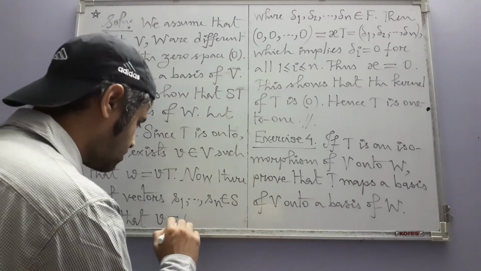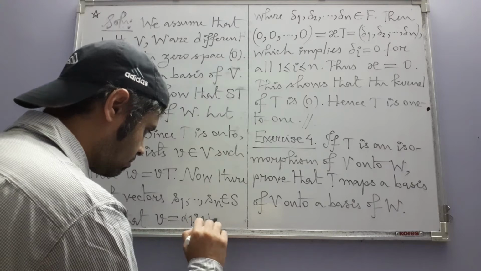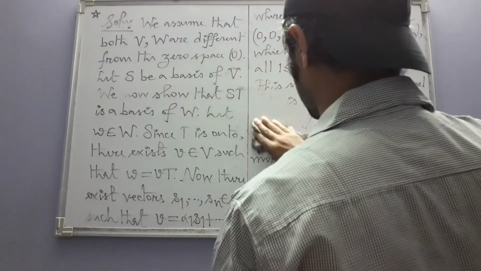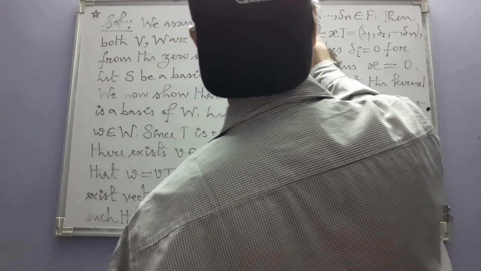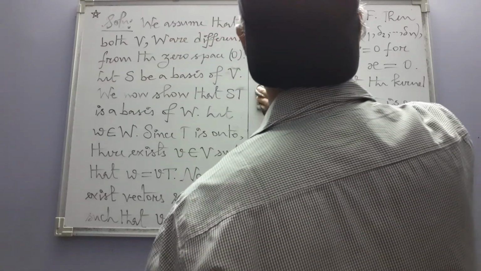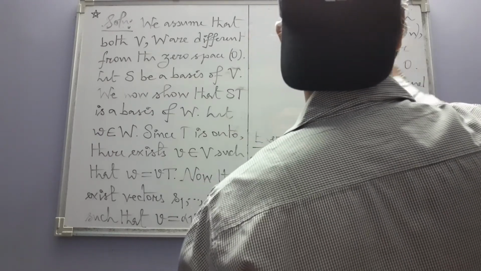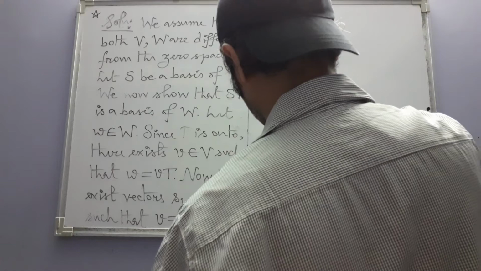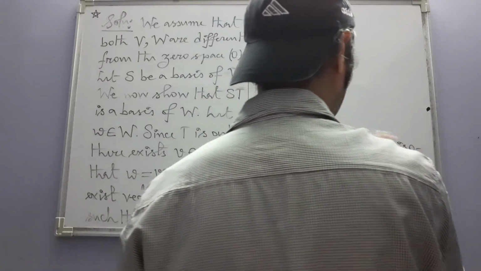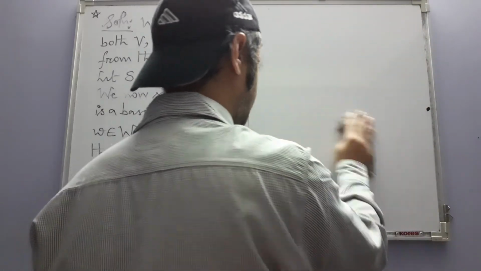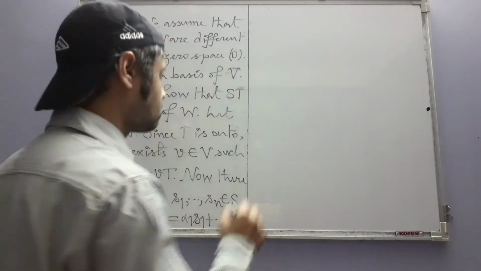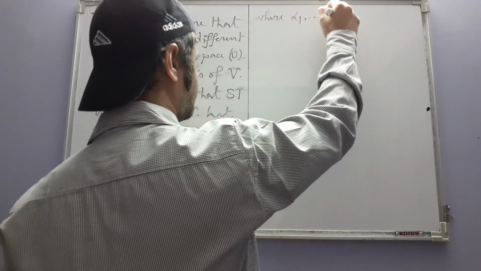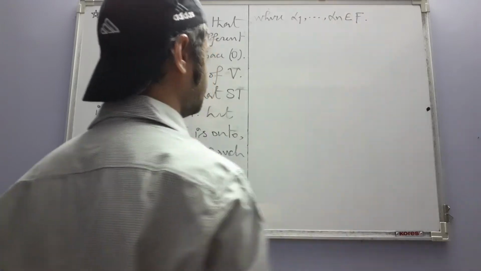We are in another exercise now, so I can again use alpha: alpha 1 s1 plus and so on up to alpha n sn, where the alphas are of course scalars or field elements.